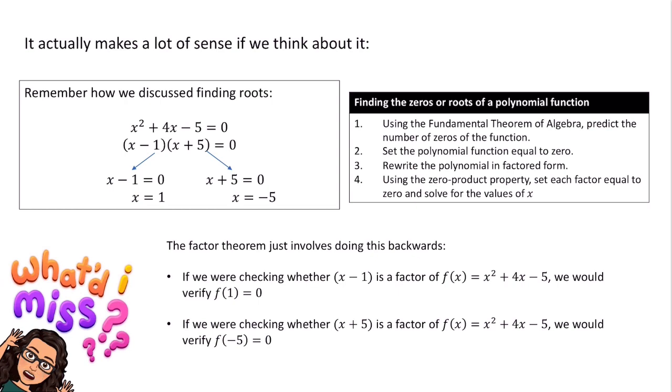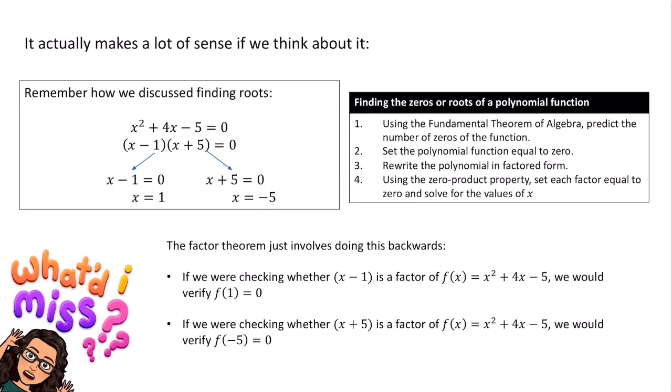So it actually makes a lot of sense if you think about it. Remember how we discussed finding roots of a polynomial. For example, if we had x squared plus 4x minus 5 equals 0, remember we factored it and we had x minus 1 times x plus 5. Then we said x minus 1 equals 0 and x plus 5 equals 0, which means that x equals 1 and x equals negative 5.